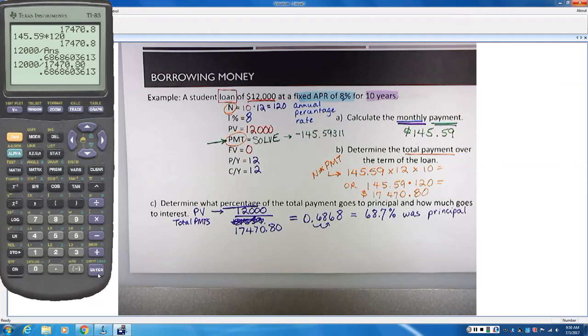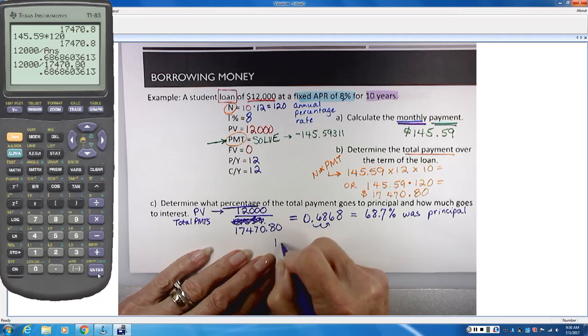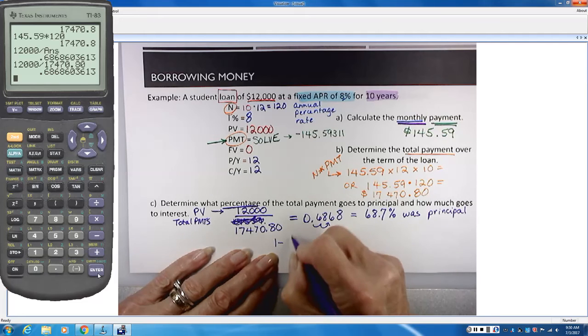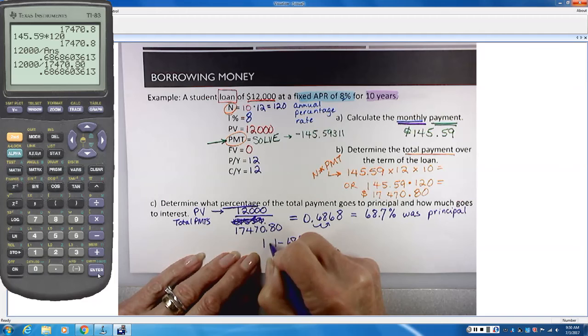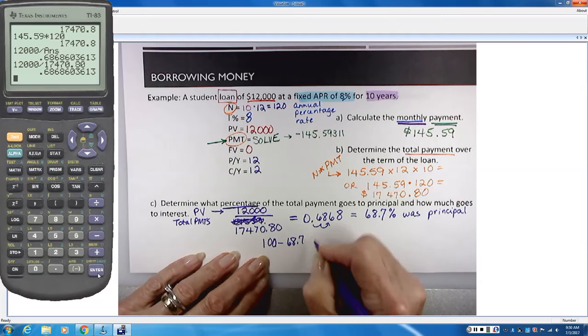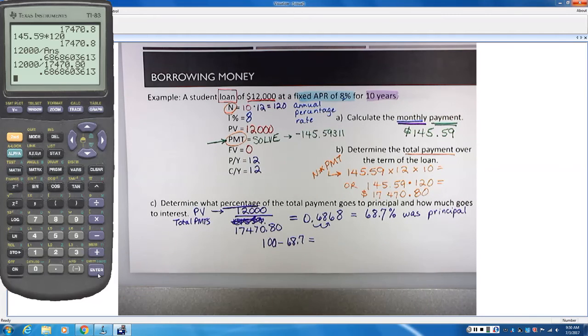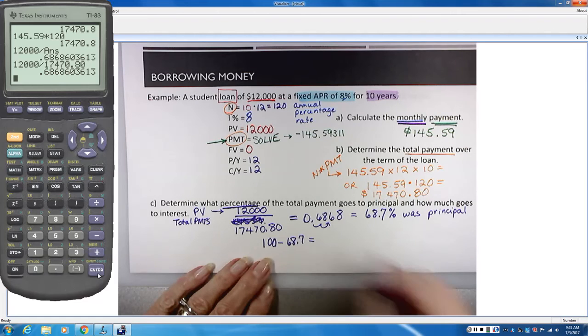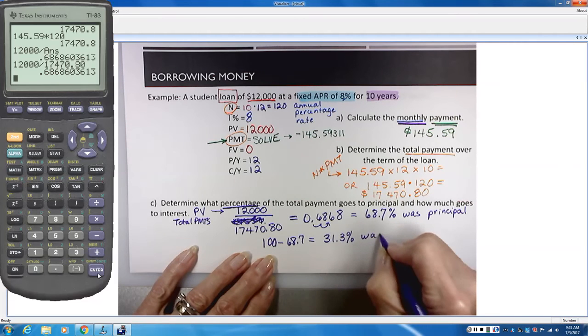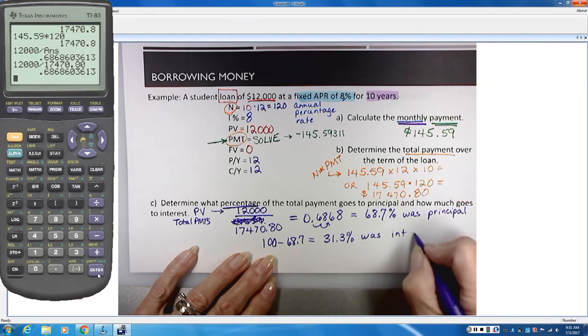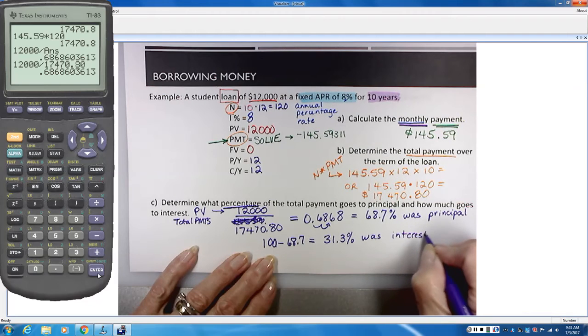And then the rest of it was interest, so 1 minus 68.7, and that's actually 100. 100% minus 68.7% tells me that 31.3% was interest.